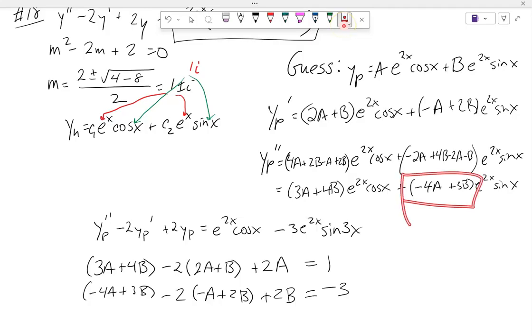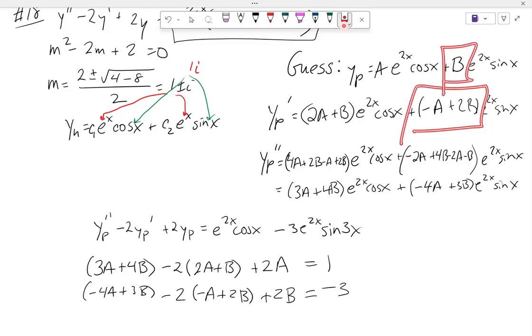That piece that I just put a box around plus minus 2 times that piece plus 2 times that piece has to equal that piece. Cool. We're almost done. Woohoo!